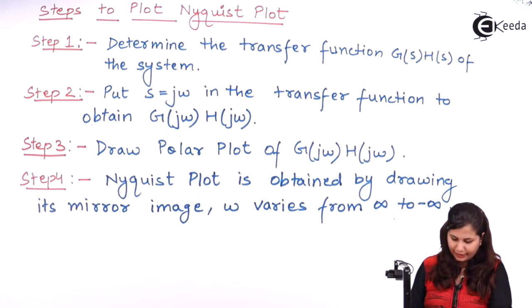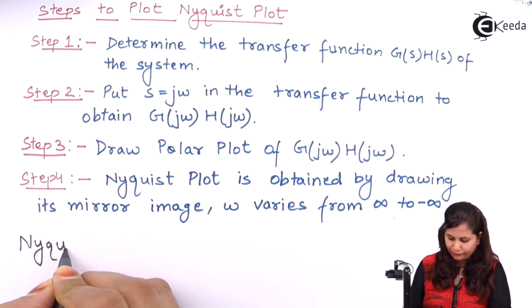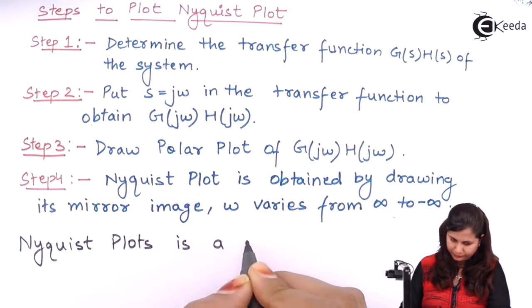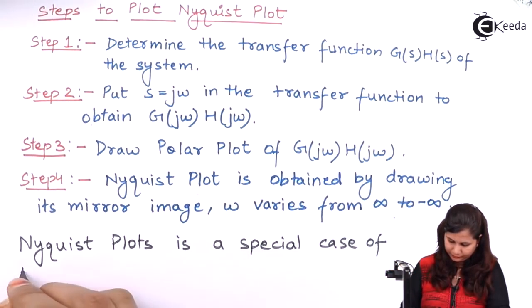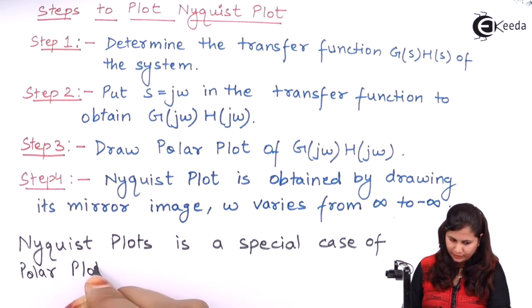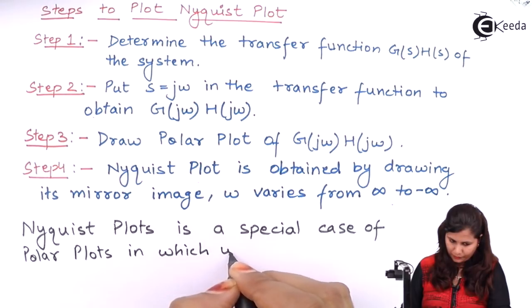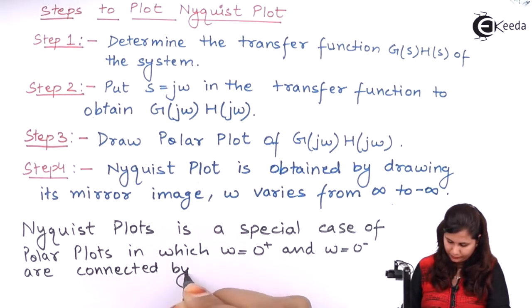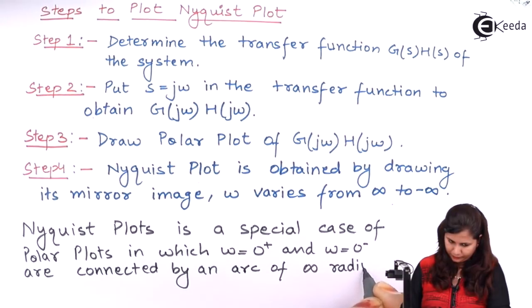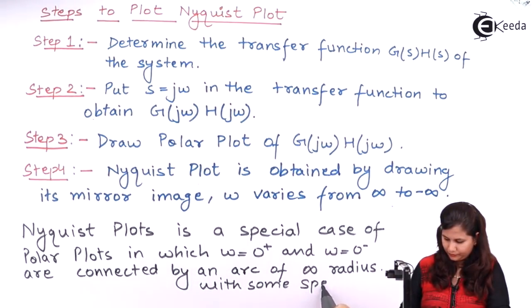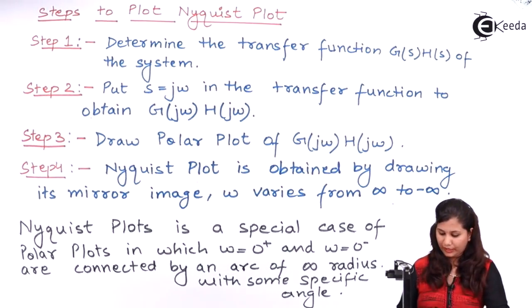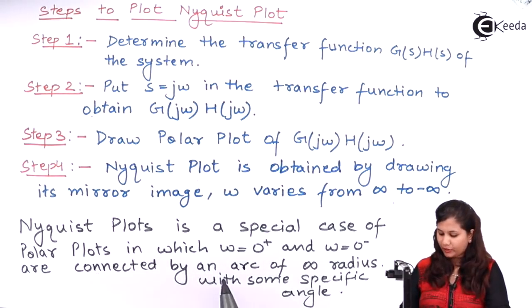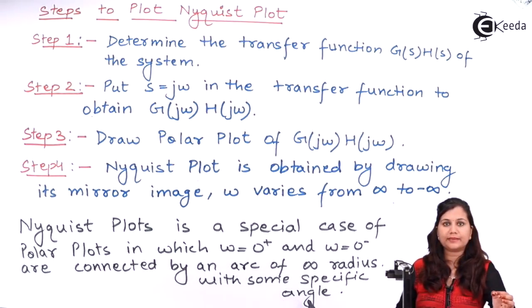So what we can say is that the Nyquist plot is a special case of polar plots in which omega equals 0 plus and omega equals 0 minus are connected by an arc of infinite radius with some specific angle.